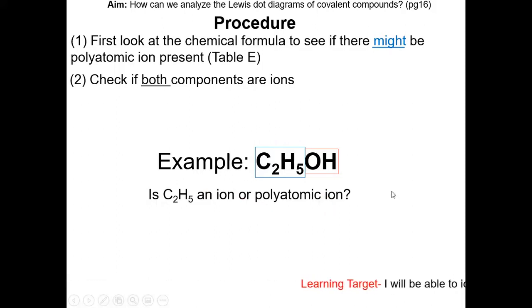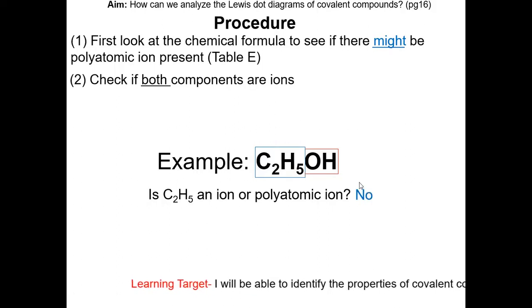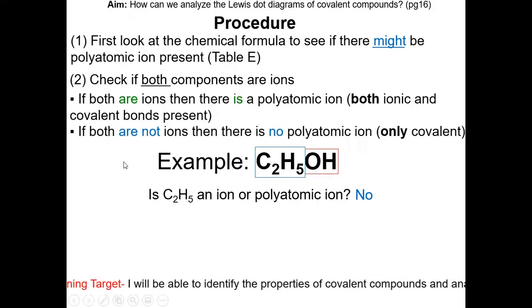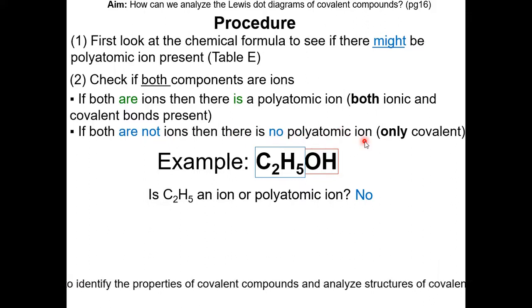If we look on Table E, C2H5 is not there. Therefore, it is not a polyatomic ion. If that's the case, then OH is not hydroxide ion in this case. If both are not ions, then there is no polyatomic ion. Therefore, your compound only has covalent bonds.